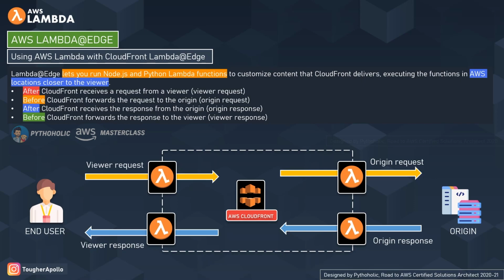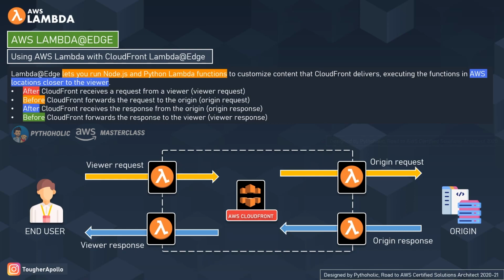And now let's see how these 4 trigger points work and how we can invoke our Lambda at Edge using these 4 trigger points. Okay, so the first one is viewer request, and that is the incoming request to CloudFront, and it triggers Lambda after CloudFront receives a request from the user. Okay, and before executing the code, it actually checks to see whether the requested object is in the CloudFront cache or not. So it's simple. The user actually sends the request and CloudFront checks if it is already there before sending it to the origin.